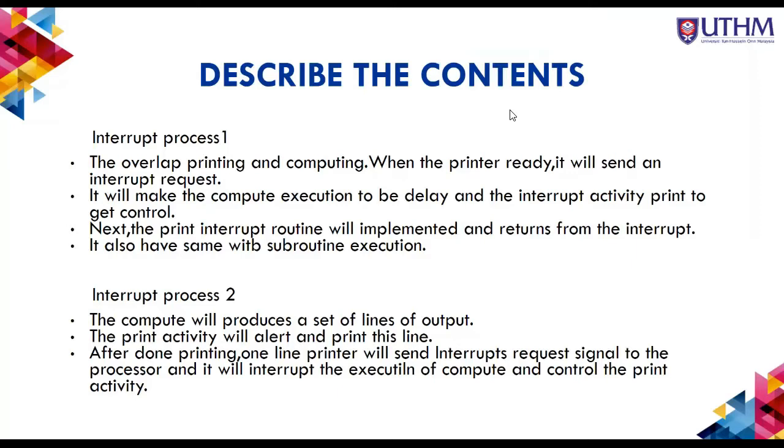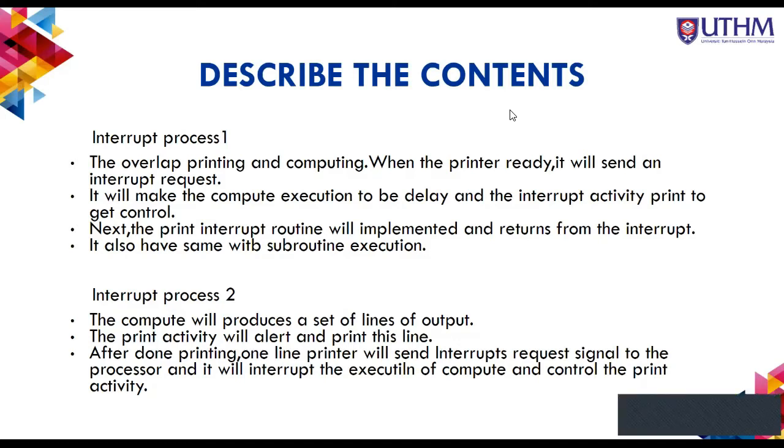When the printer is ready, it will send an interrupt request, and then it will make the compute execution delayed, and the interrupt activity print gets control. Next, the print interrupt routine will be implemented and returns from the interrupt. And lastly, it also has some subroutine execution. So that is for interrupt process 1.